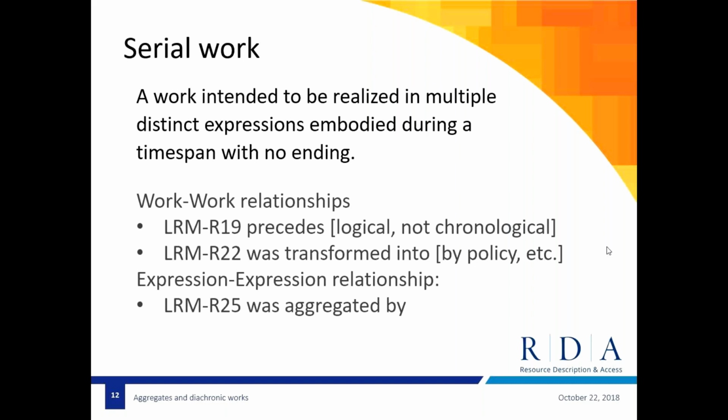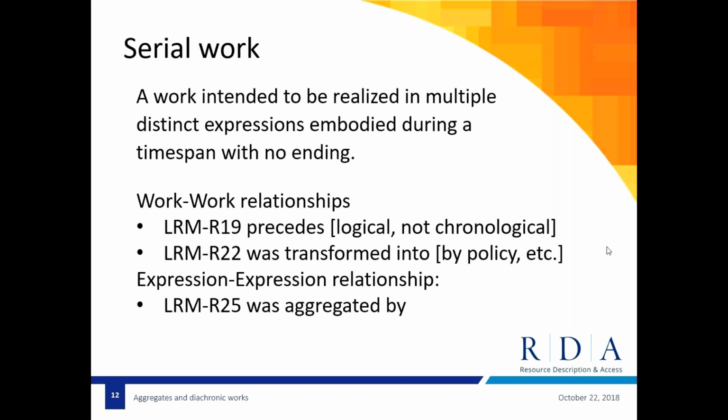The LRM provides us with some familiar relationships between these serials and some new relationships which we've absorbed into the new toolkit. So in a serial work, issues can have a preceding or a succeeding relationship with each issue, and it's logical, not chronological.